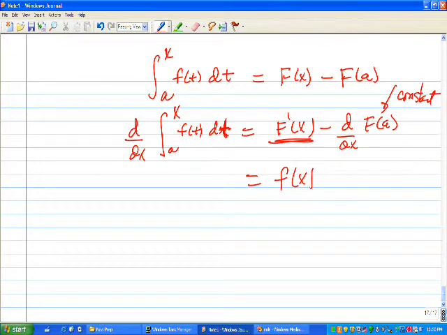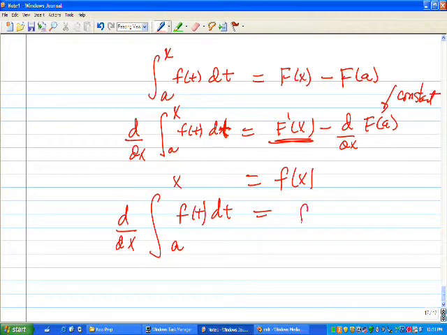But capital F prime of x, we already know is just plain f of x. So we have a fundamental theorem of calculus that also says that d dx of the integral from a to x of f of t dt is just simply equal to f of x. Very important thing to know.